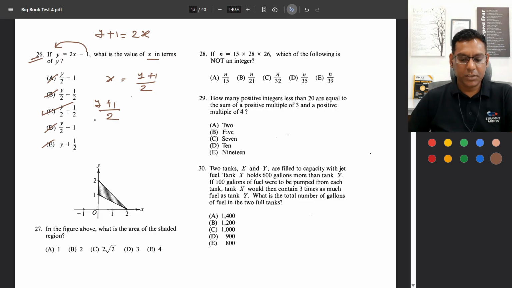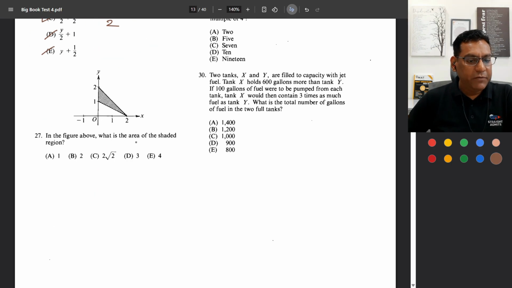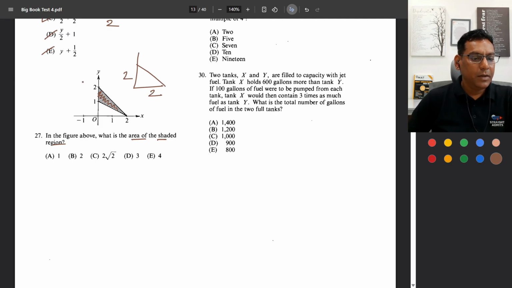Answer choice C. In the given figure, what is the area of the shaded region? Basically, the area of the shaded region is this big triangle of base 2 and height 2 minus this small triangle of base 2 and height 1. Are you able to see that?